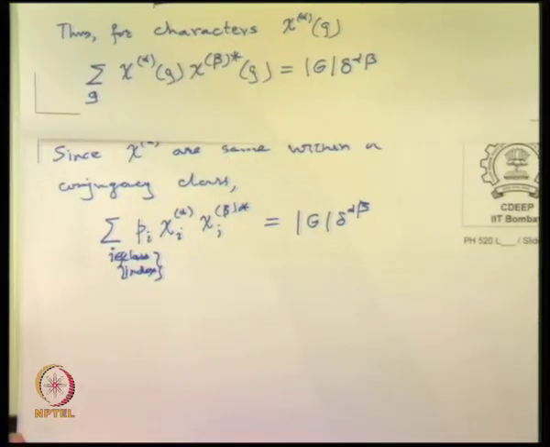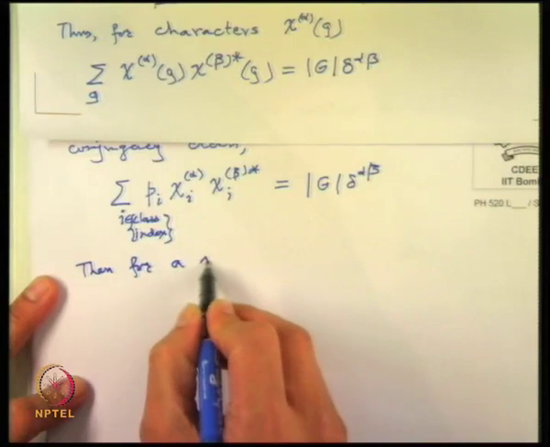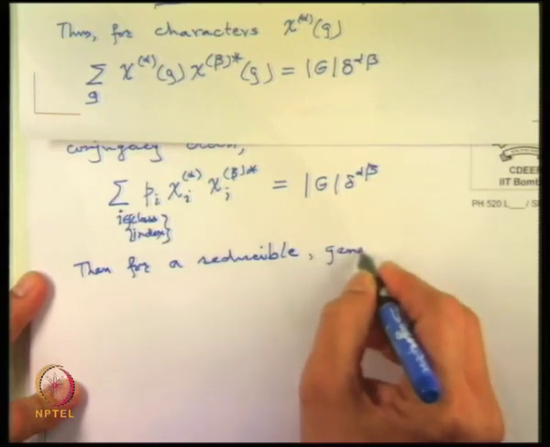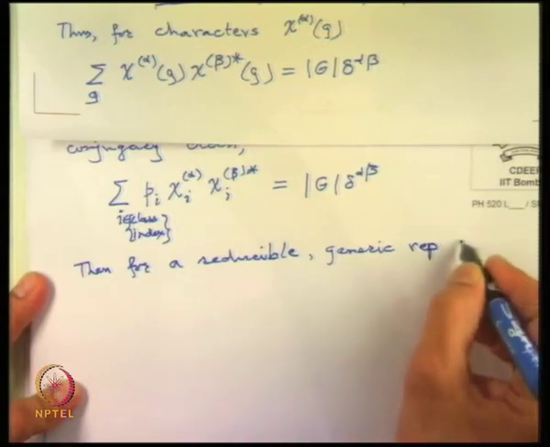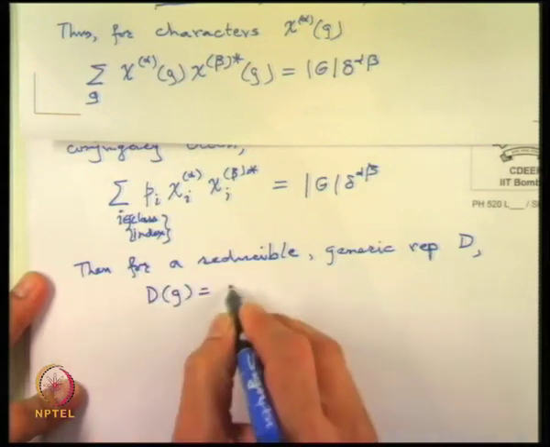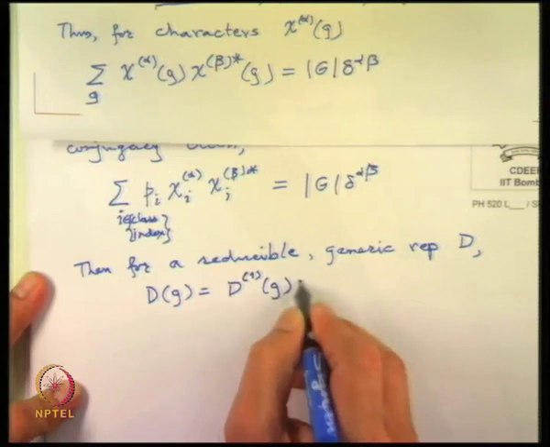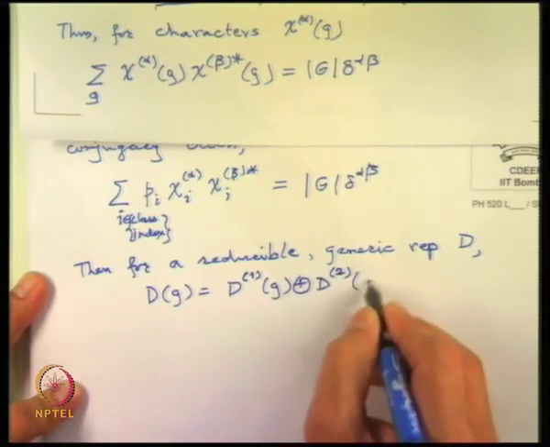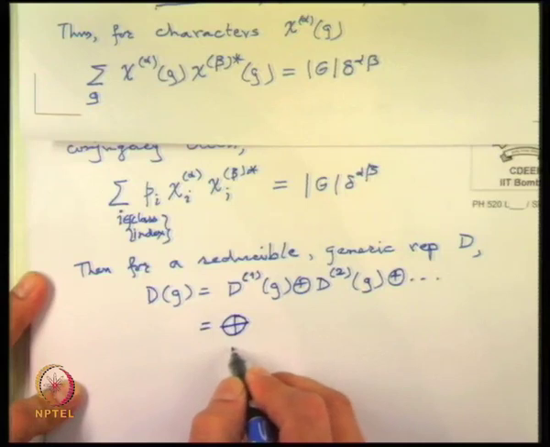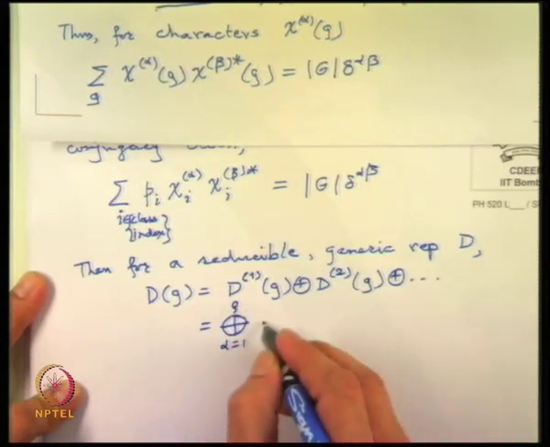Then we learned from this that for a reducible representation, which we just called D, such that D is a direct sum in the linear algebra sense of some standard way of listing irreducible representations, which we sometimes write symbolically as sum over alpha equal to 1 to rho, where rho is the total number of irreducible representations.